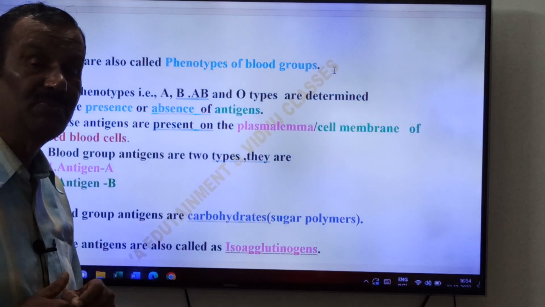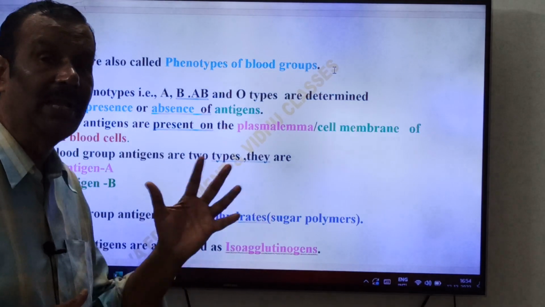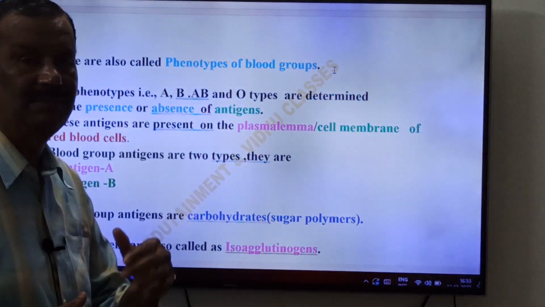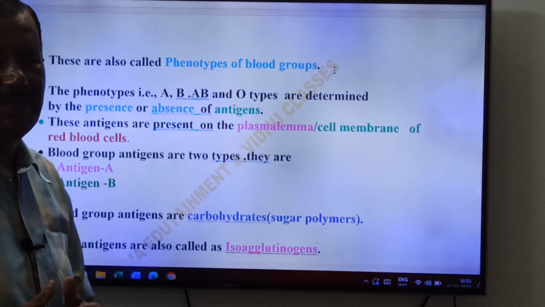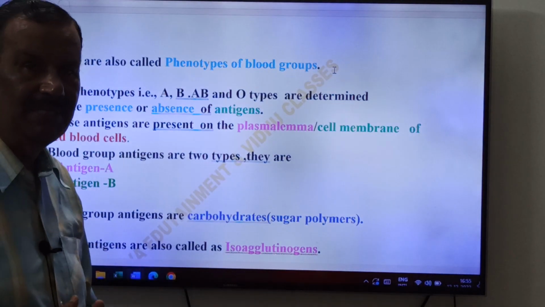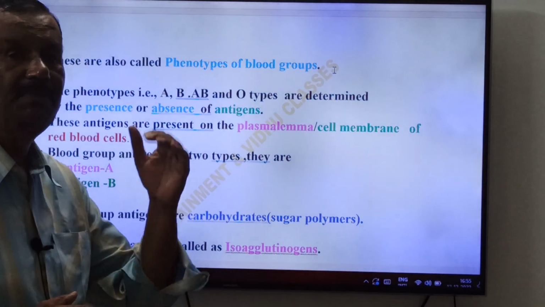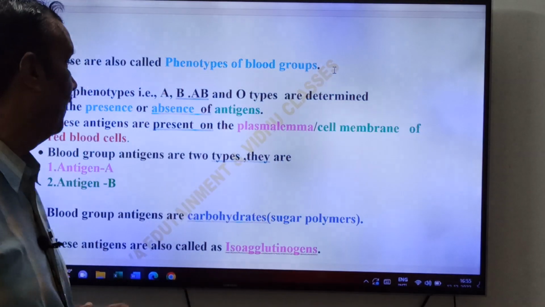So how many phenotypes do we have? 4 phenotypes. Blood group A is a phenotype, blood group B is a phenotype, blood group AB is a phenotype, blood group O is also one phenotype.